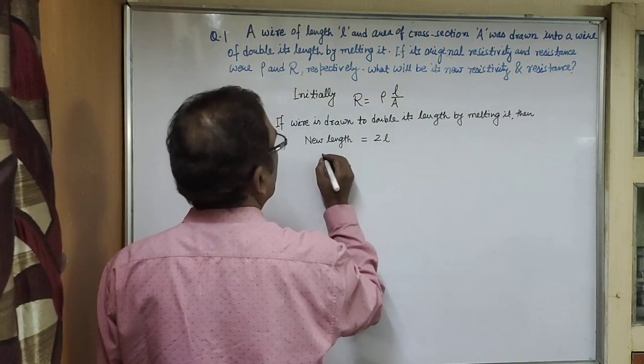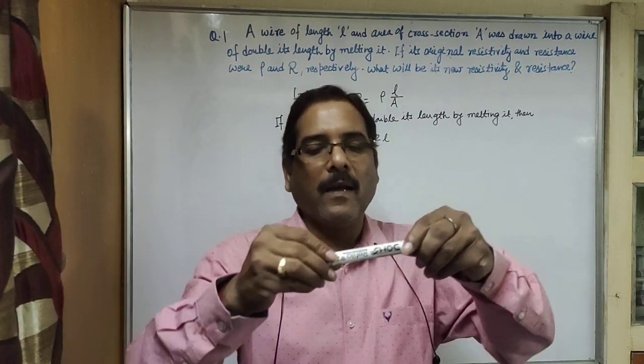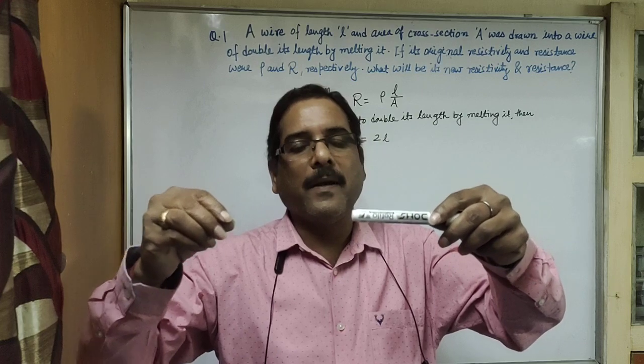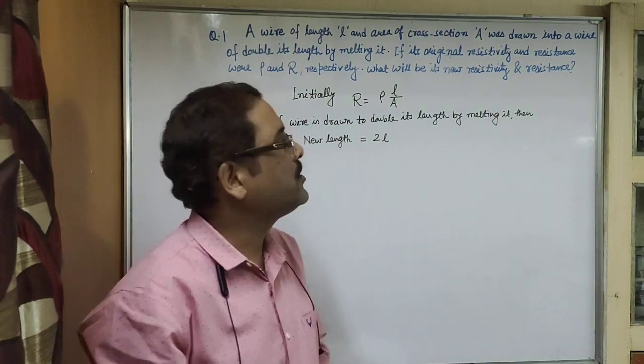And is there any change in the wire? Obviously, if we pull a wire so that its length becomes double, the area of cross section will also reduce in the same ratio.